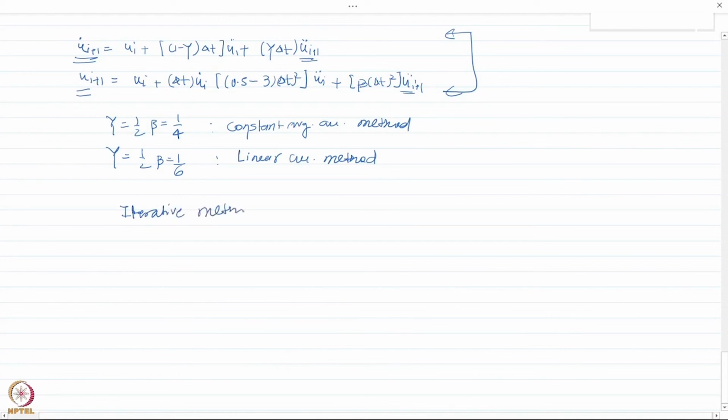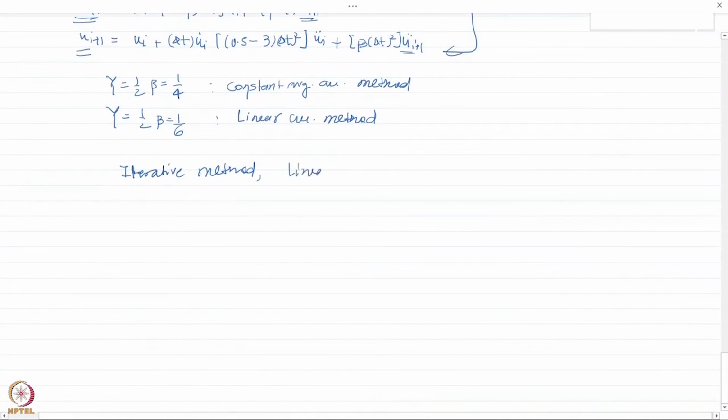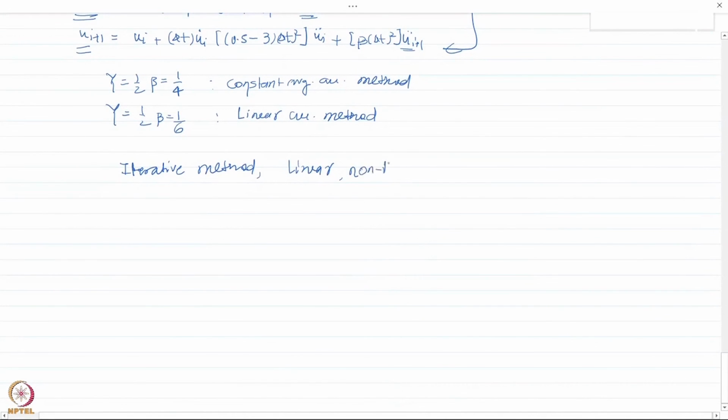However, if the system is linear, for that special case, there is a non-iterative Newmark method. Then I don't have to iterate, because I can solve the system for ui plus 1 and then substitute it in the equation of motion. So only for a linear system can I use the non-iterative Newmark method.